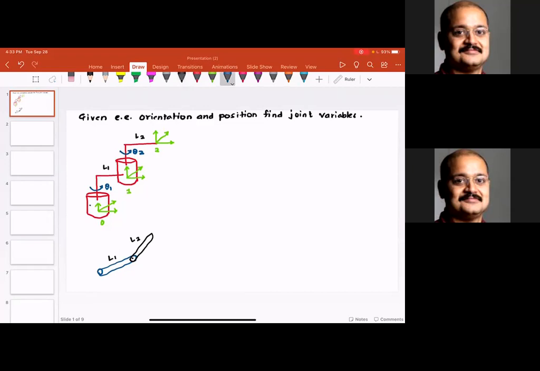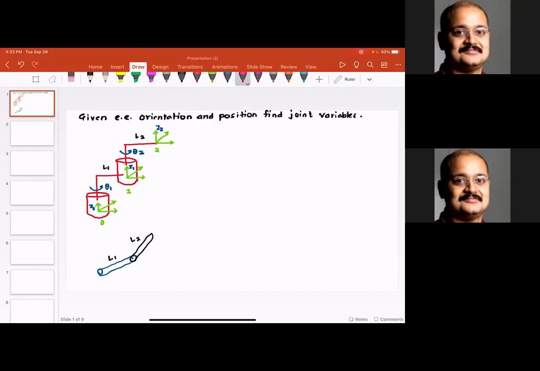And as you know, this is going to be Z0, this is going to be Z1, this is going to be Z2. We have solved this problem so many times that I'm just going to go ahead and write down the homogeneous transformation matrix. Is that okay with everyone?